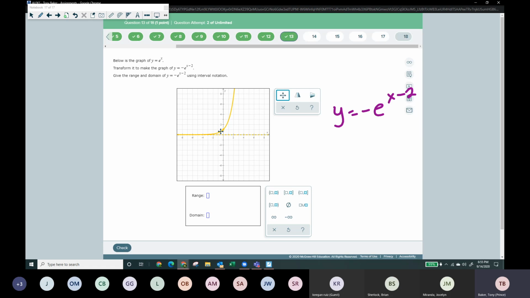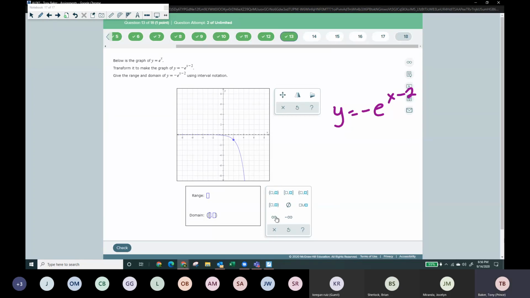So since it says -2, I'm going to move it +2. So take the point and move it over 2. Now the negative is on the outside, so that's the y. So that means it's flipping over the x-axis. So remember, whatever's next to the x, you're doing the opposite of what it says. And then outside, you're doing it to the y value.